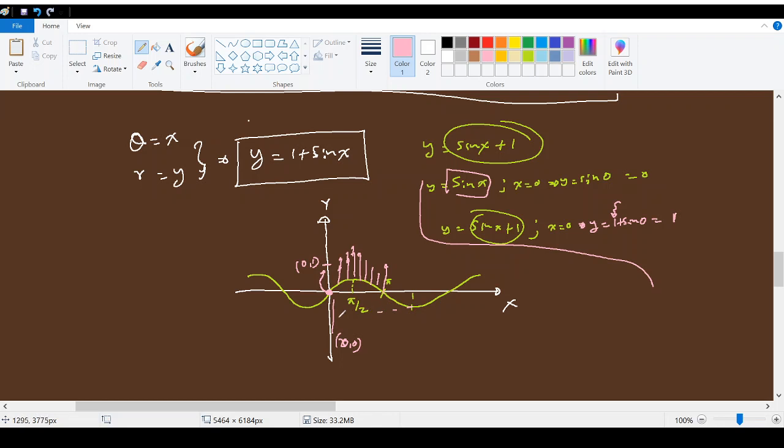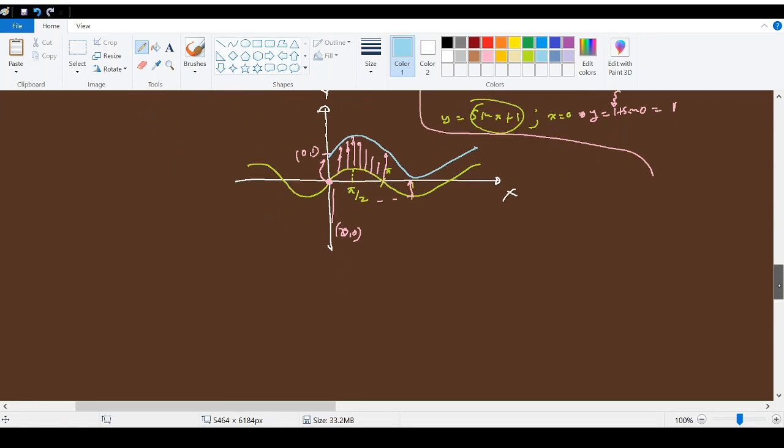All these points will be pushed like this while maintaining the shape. Now this is -1, so when it is pushed by 1 unit you will get 0. Therefore for the y equals sin x plus 1 curve, you will obtain the exact same shape but shifted by 1 unit.